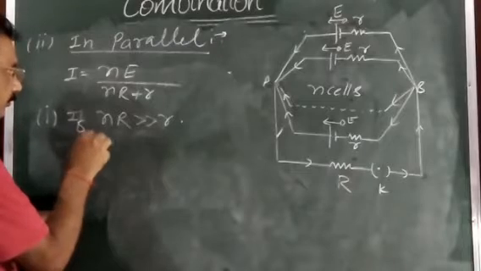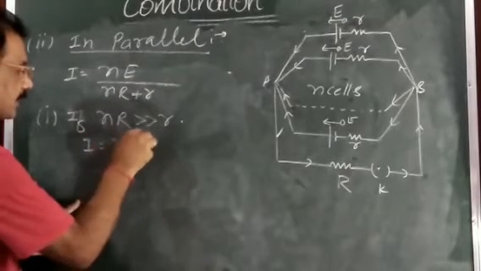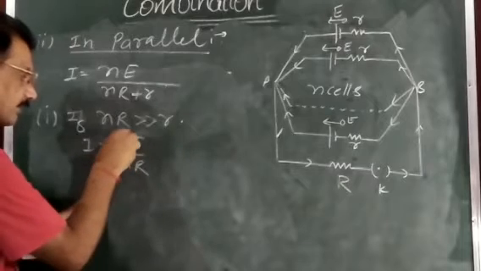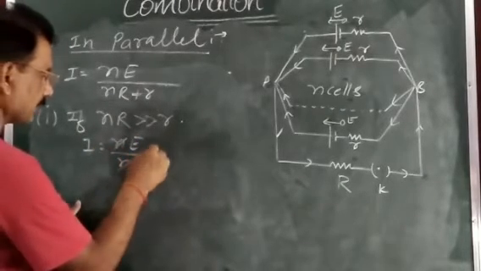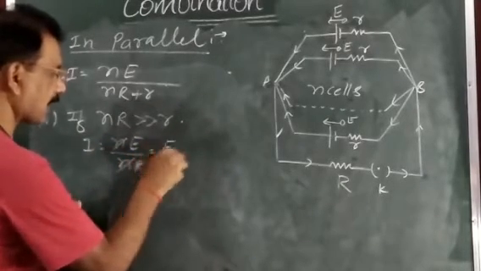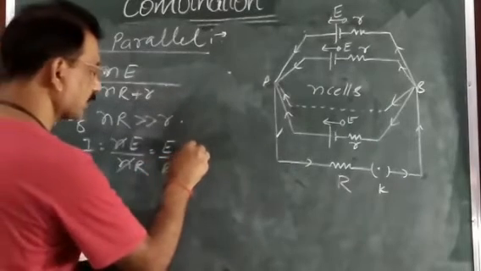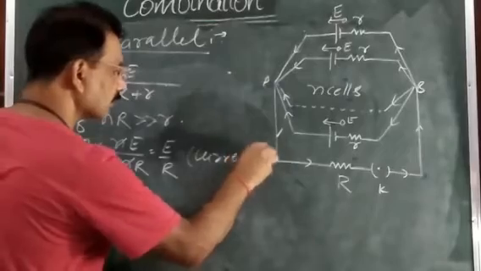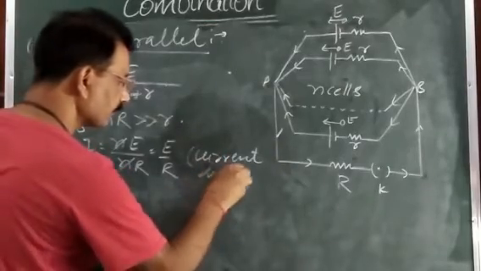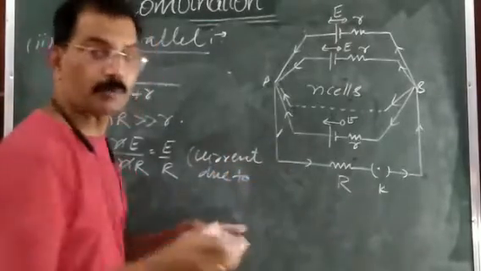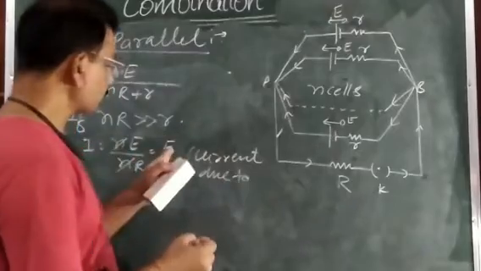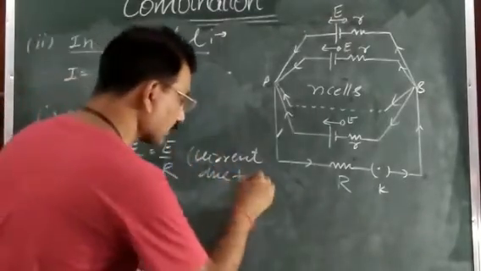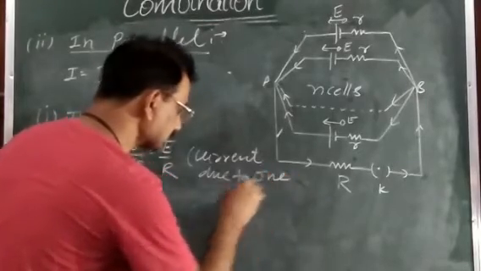Then I is equal to NE upon NR. Now N is cancelled by N, and here you will get only E by R. And E by R is the current due to how many cells? One cell. Current due to one cell.